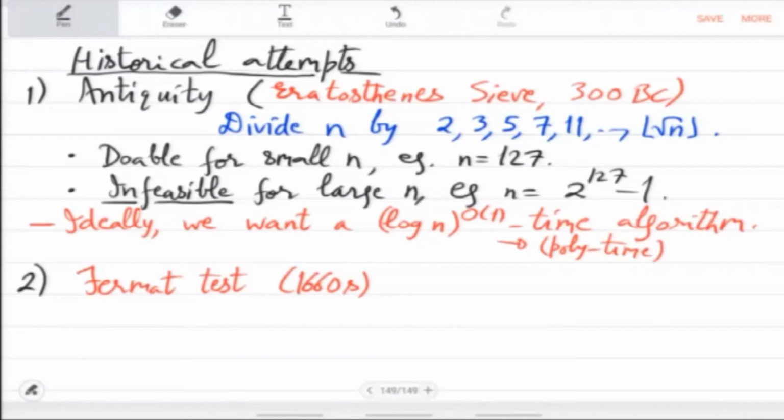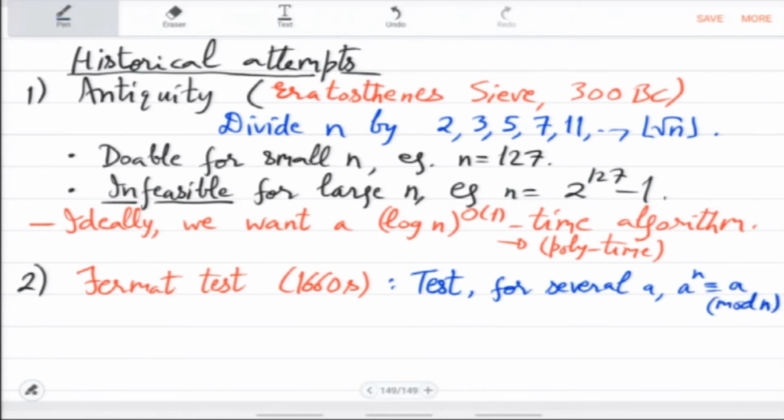So you know that if n is prime, then a to the n is a mod n, right? The Frobenius map. So why don't you test that? So test for several a whether a to the n is a mod n. If it is, then you give up and say that n is prime. If it is not, then you are 100% sure that n is composite and cannot be prime.